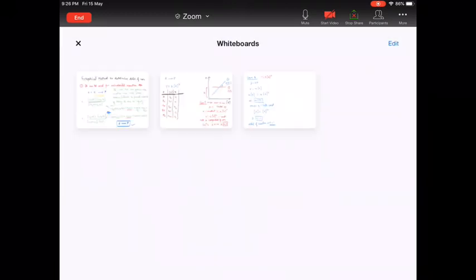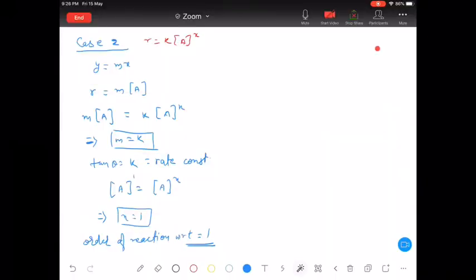So if it happens, then I will say that order of reaction will be coming out to be 1 if we are obtaining such kind of curve, and then in that case rate constant we can find out in this manner, and order of reaction we can find out in this manner.